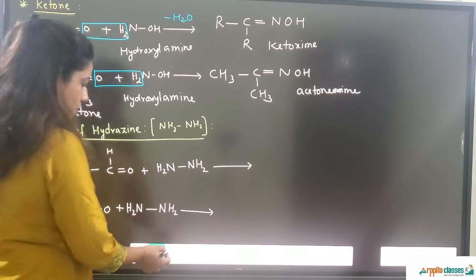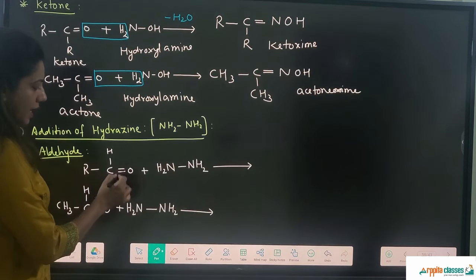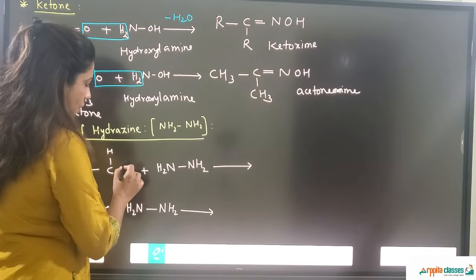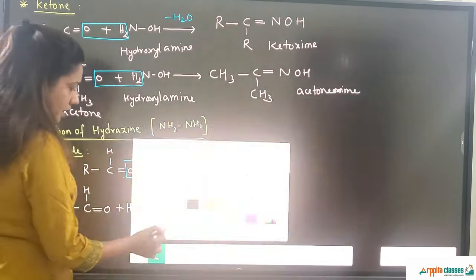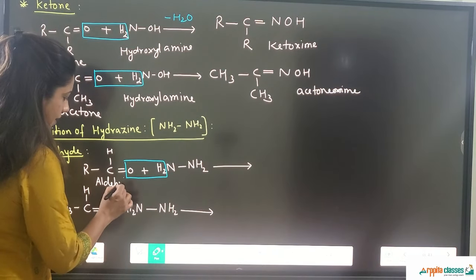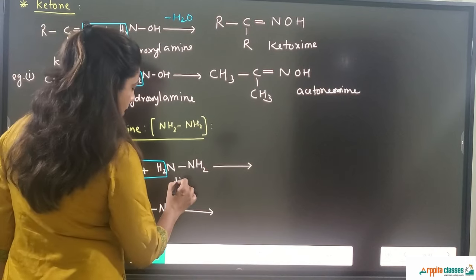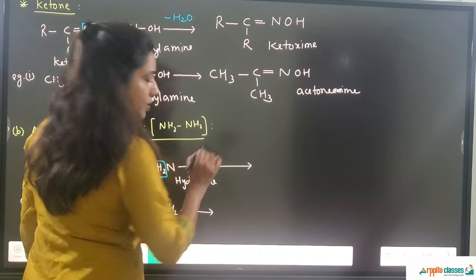Again the same thing you need to remember: for aldehydes, the carbonyl oxygen and H2 of hydrazine should be written adjacent to each other. Now this is my aldehyde and this is my hydrazine. Once you write it in a particular manner, your job is done.